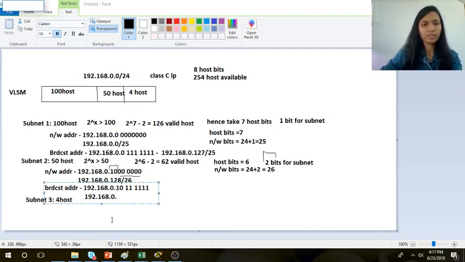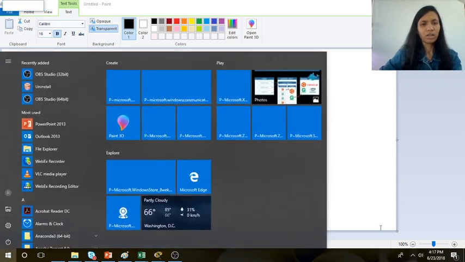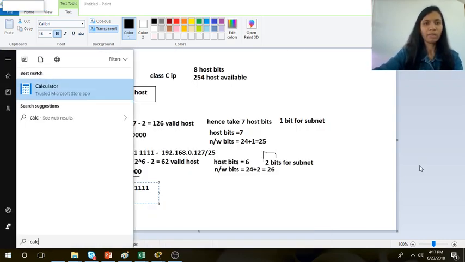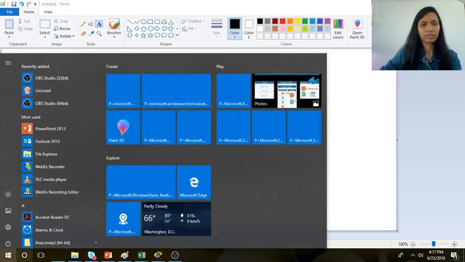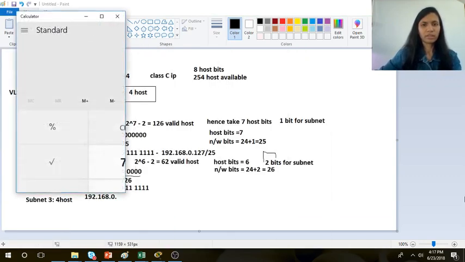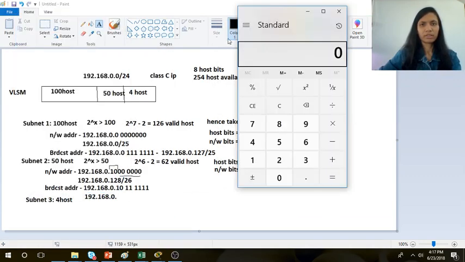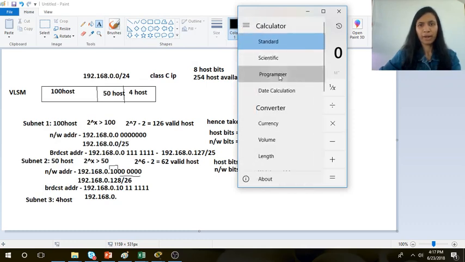For calculations, you can make use of your calculator in programmer mode. So you can change your mode to programmer.